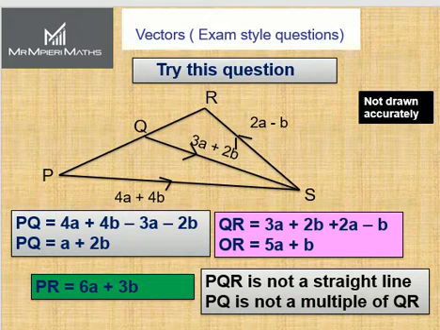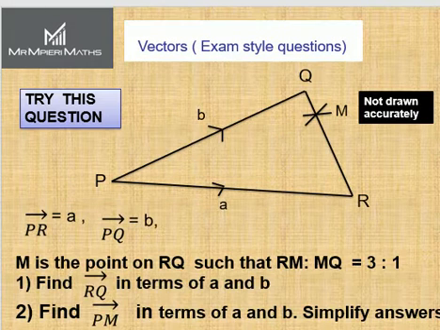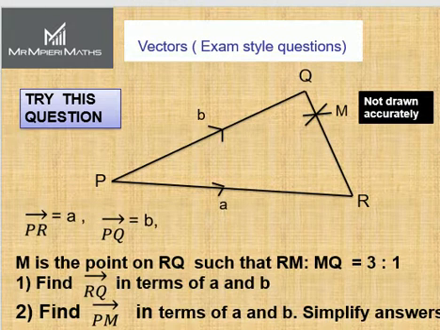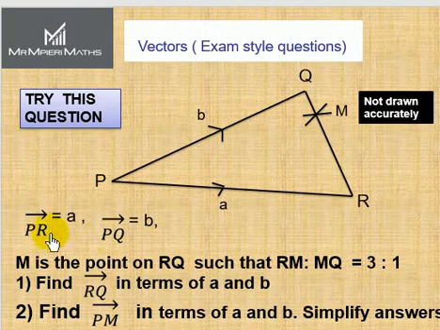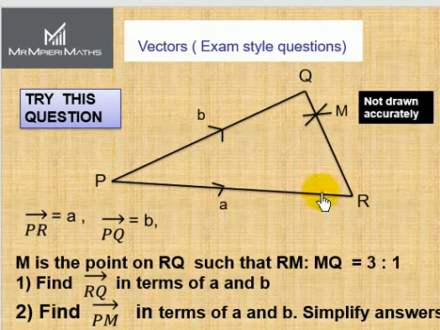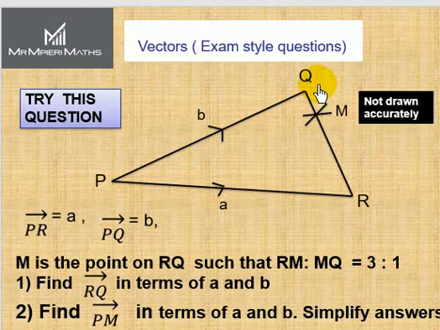Have a go at another question coming up here. Try this question, press pause, and when you are done, press play. If I need to guide you a little bit, this is also part of exam style questions. It says PR is a and PQ is b.